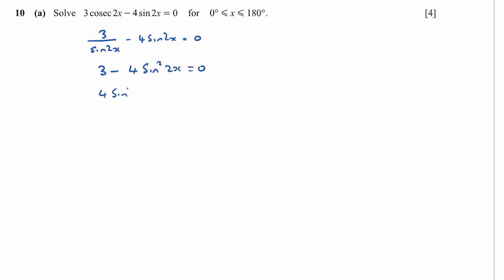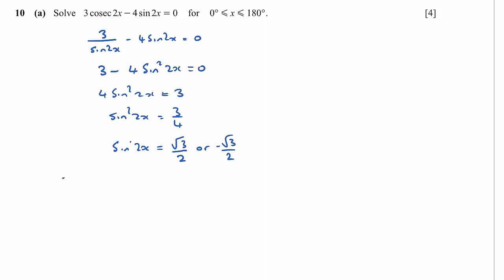So 4 sin squared 2x is equal to 3. Sin squared 2x is 3/4, which means that sine, not sine squared, but sin 2x could be equal to root 3 on 2 or negative root 3 on 2.